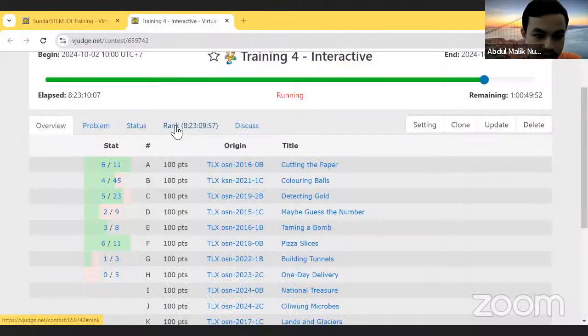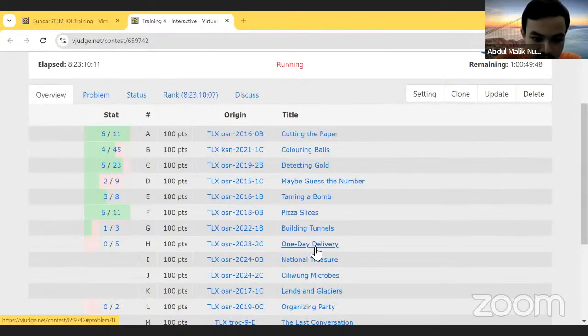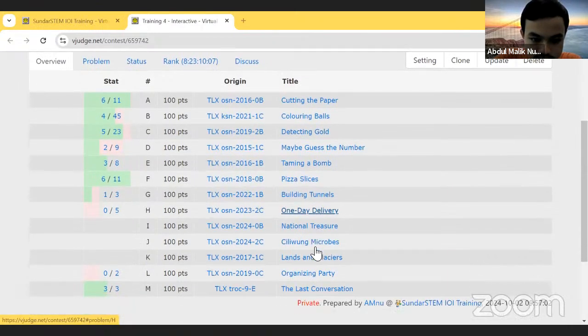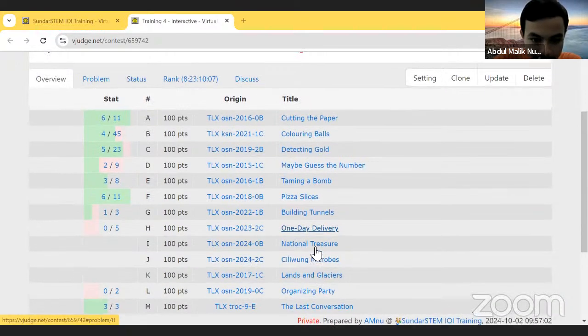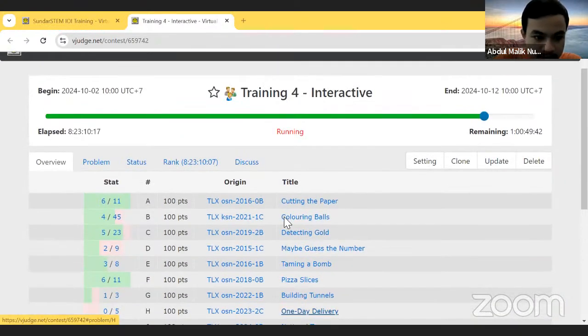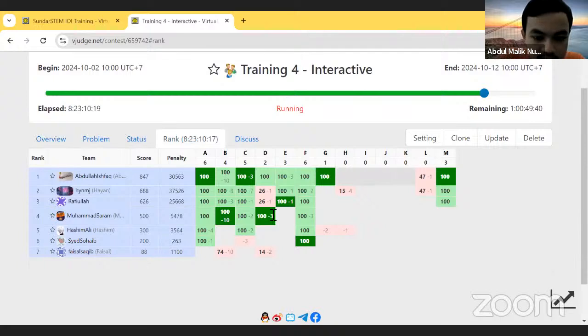And we already discussed some problems until problem 8, and any difficulties about the past problems?